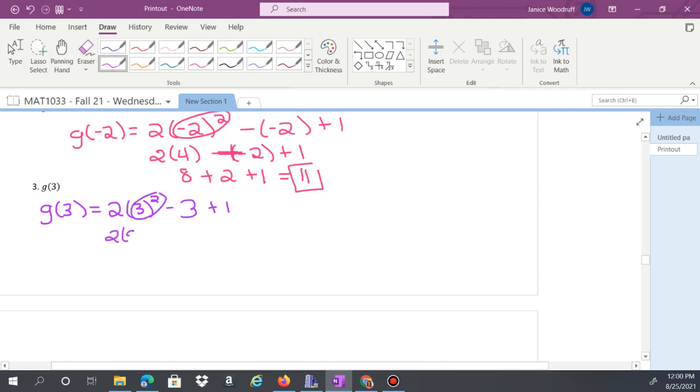So 2 times 9 minus 3 plus 1. So 2 times 9 is going to be 18. 18 minus 3 is 15, plus 1 will give us 16. So there we're getting g of 3 equals 16. Does anybody have any questions on that? All right.